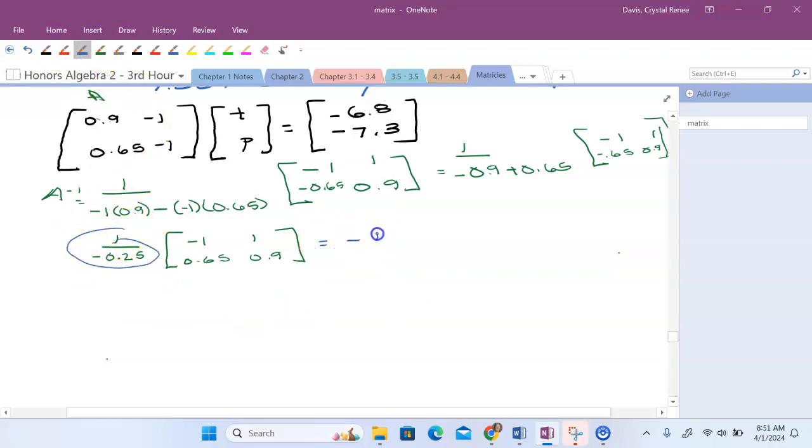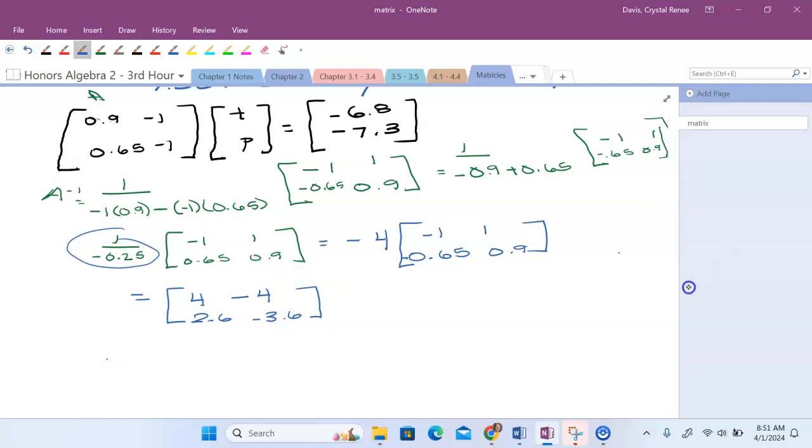So I'm going to write this as negative 4 times negative 1, 1, negative 0.65 and 0.9, which then gives me positive 4, negative 4. 4 times negative 0.65 gives me a positive 2.6, and a negative 4 times a positive 0.9 gives me a negative 3.6.